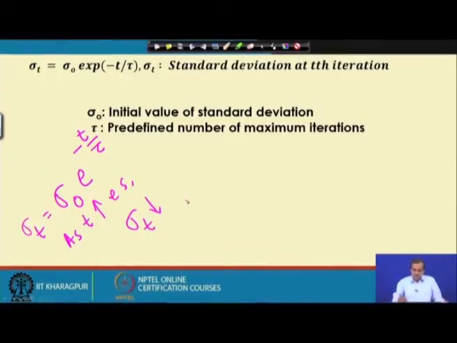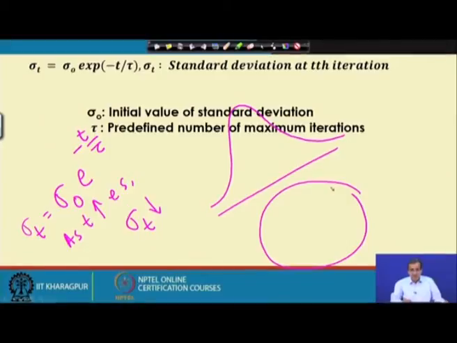If I draw that particular Gaussian distribution once again, I will get this type of Gaussian distribution for the neighborhood, and if I take the plan view, it might be something like this, and it has got a mean property, that is the property of the professor, the leader, and here we have got this particular sigma_t. Now, as I told, with the number of iterations the sigma_t is going to be reduced.